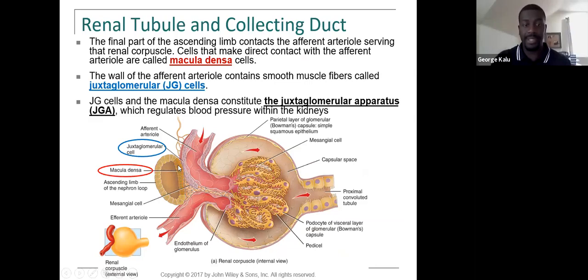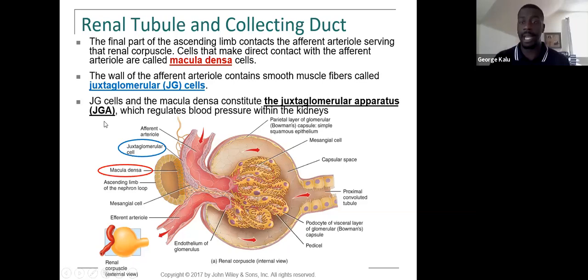Now, the cells that the macula densa makes contact with in the afferent arteriole are called the juxtaglomerular cells. These juxtaglomerular cells are muscle fibers inside the afferent arterioles, and again, they make contact with the macula densa. Together, the macula densa and the juxtaglomerular cells, or JG cells, form what's called the juxtaglomerular apparatus, or the JGA.